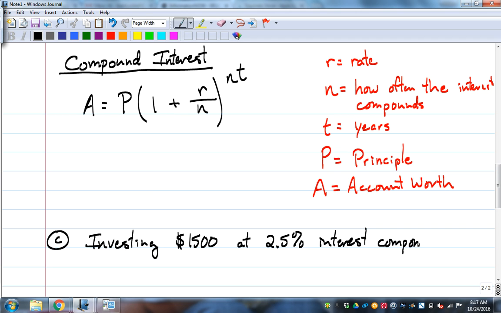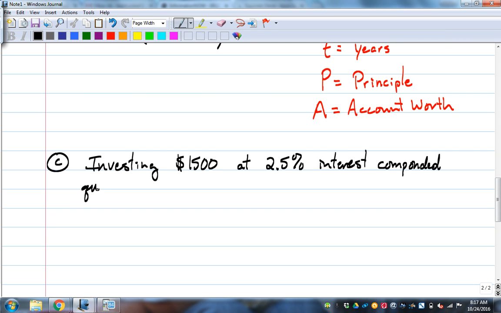Compounded, and then we'll do quarterly. For 4 years again. So it's the same problem. We're just compounding the interest quarterly this time instead of simple interest. Okay. And if you remember example A, we got $150 if it's simple interest is what we earned out of that.